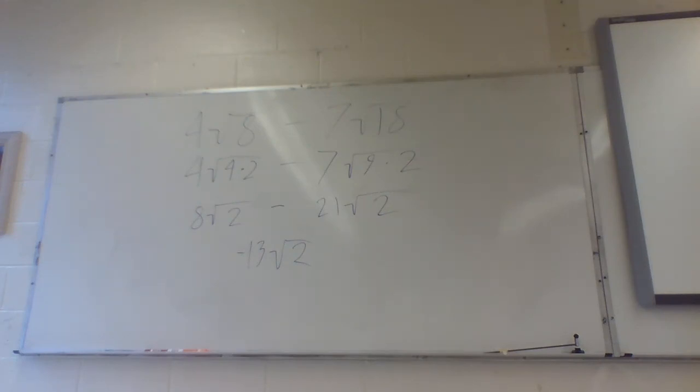So when you square root 4, the square root of 4 is 2, times this 4 is 8. Same thing right here: square root of 9 is 3, times 7 is 21. Then you subtract those. Yep. You get it?